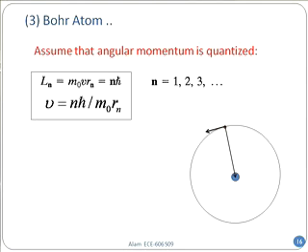So angular momentum is L_n, and angular momentum is given by m naught, v, and R_n. Now, hopefully you haven't forgotten about angular momentum, but you can always look it up in a high school or college physics book. And he says that it has to be quantized, n h bar.